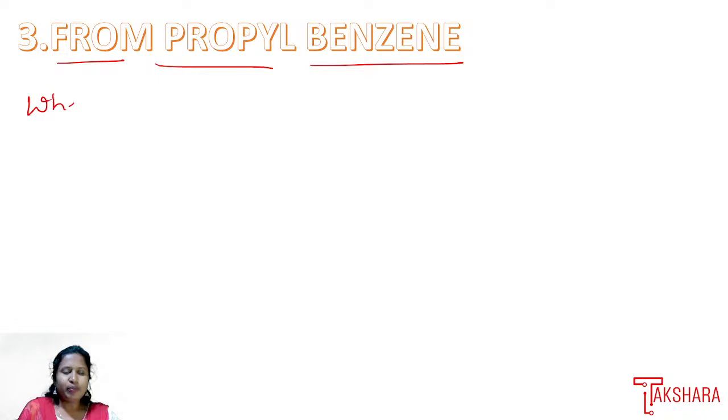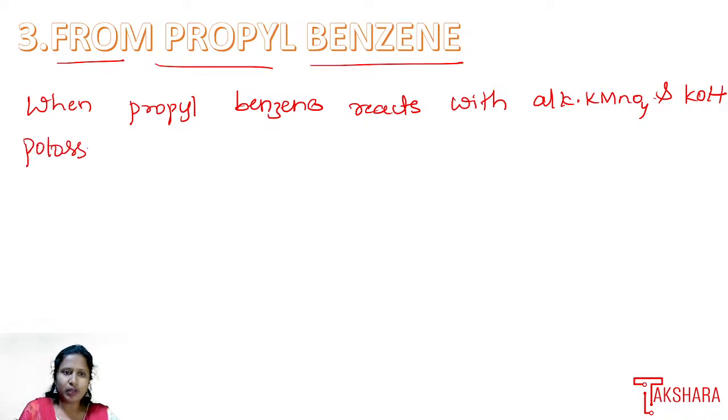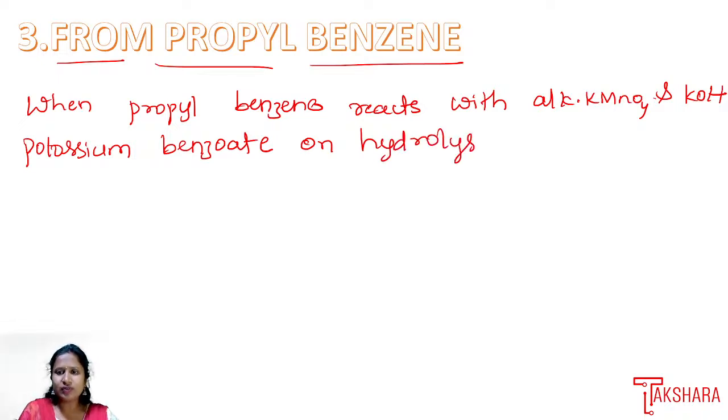When propyl benzene reacts with alkaline KMnO4 and KOH, it is going to give potassium benzoate, and on hydrolysis it gives benzoic acid.